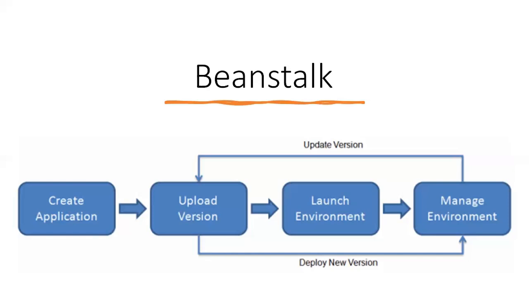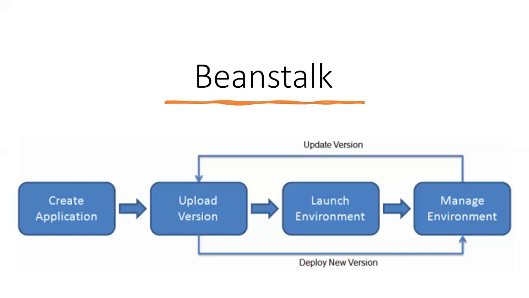When you're launching your application with Elastic Beanstalk, an environment is created to house the version of the application you are deploying. The environment hosts the required EC2 instances, storage, load balancer, auto scaling groups, or anything else required by this version of the application.